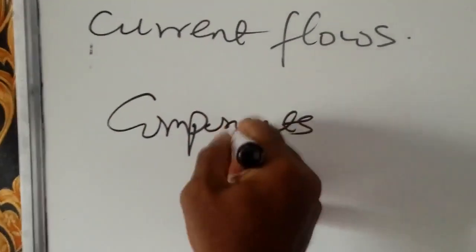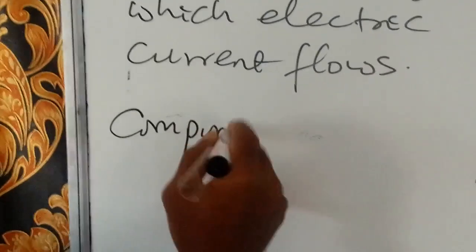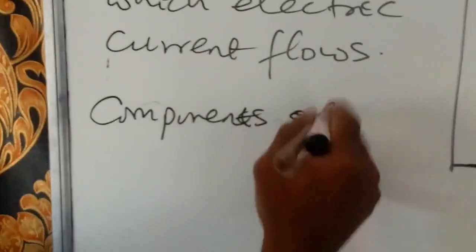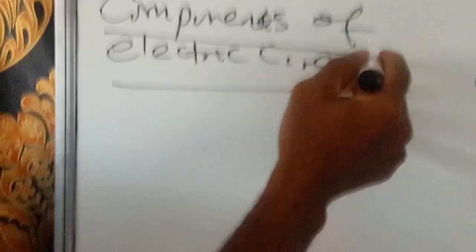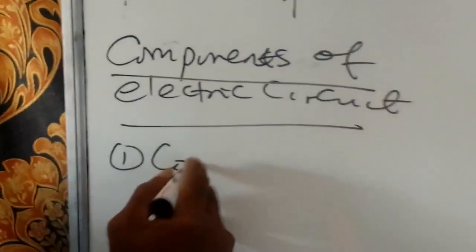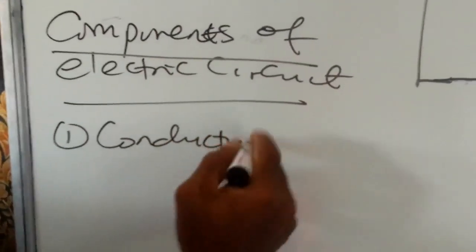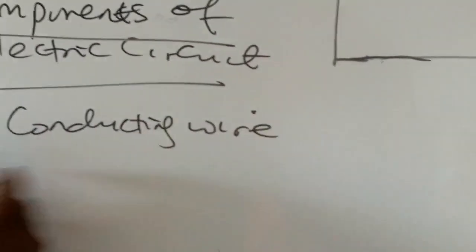So the components of electric circuit include: 1. The conducting wires, which I've described. 2.